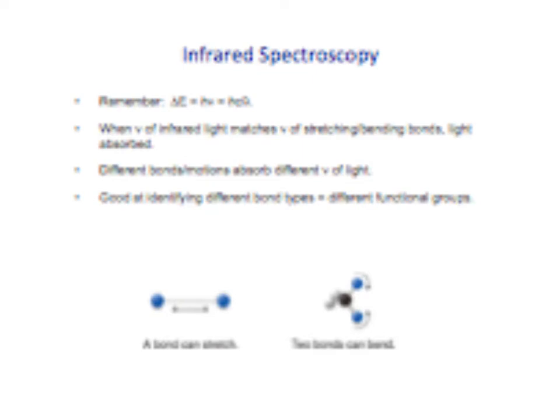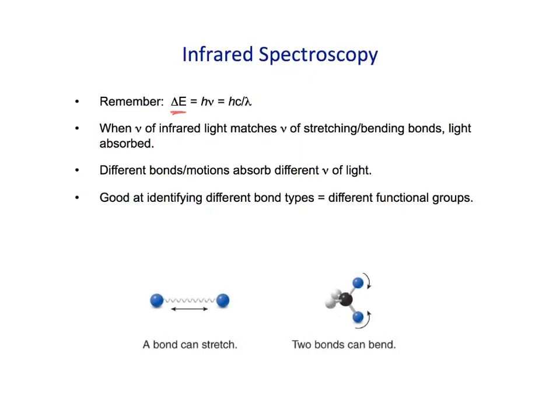Just a few things to remember. The energy of light is directly proportional to the frequency and inversely proportional to the wavelength of that light. Infrared light is essentially heat radiation, an intermediate energy.